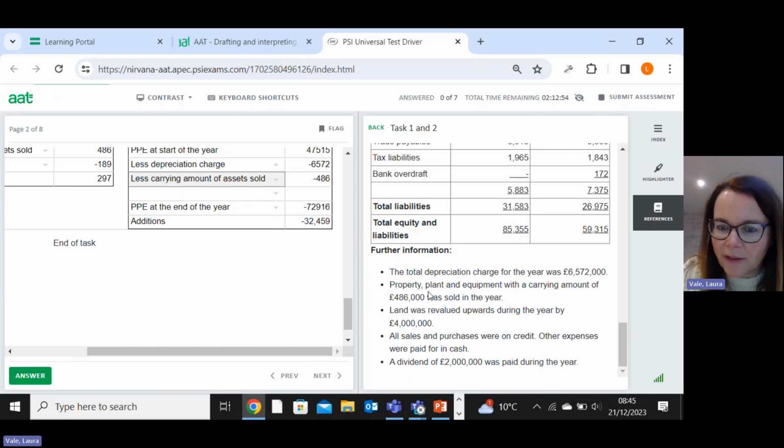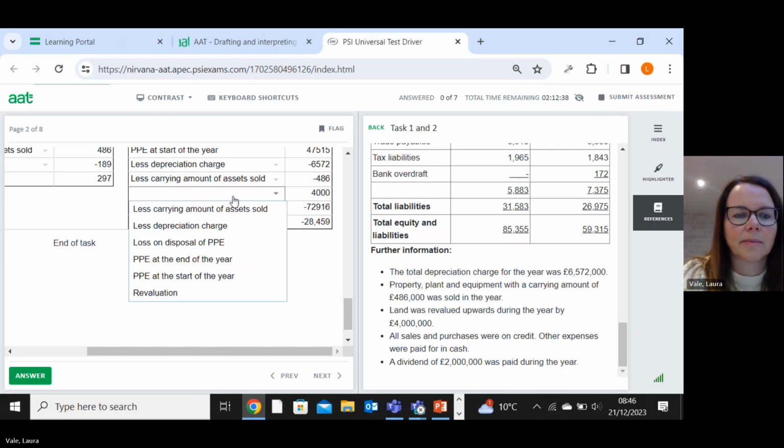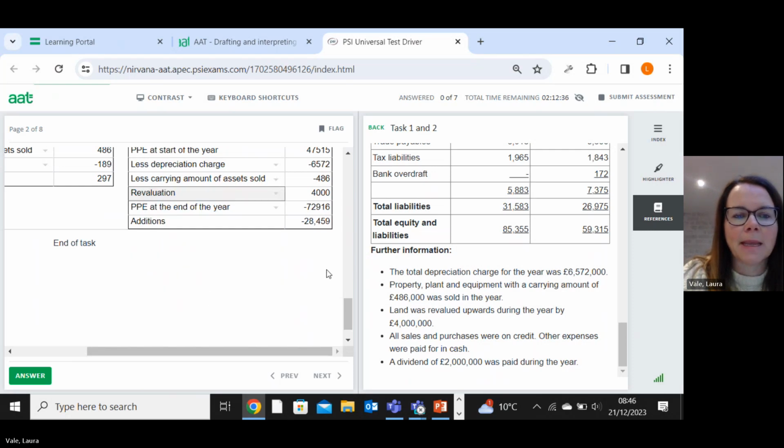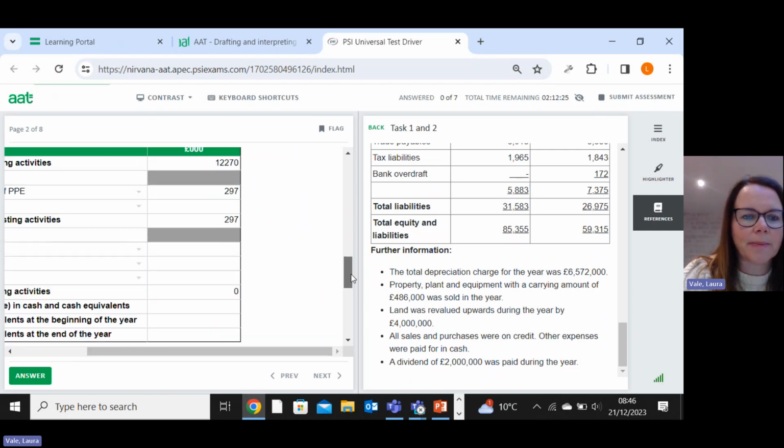There's still a row left. I was just going to tell you the other thing that could be in here, it actually is in here. Land was revalued upwards during the year by 4,000. So we know that that would have accounted for an increase. So that tells me by putting in all that data, I know that I must have spent 28,459 on buying new PPE.